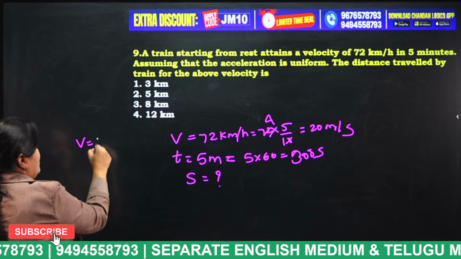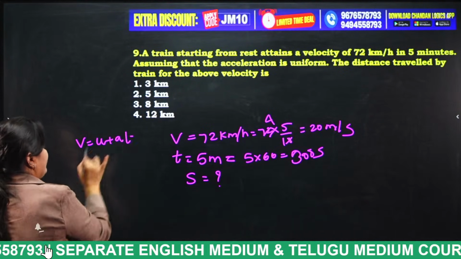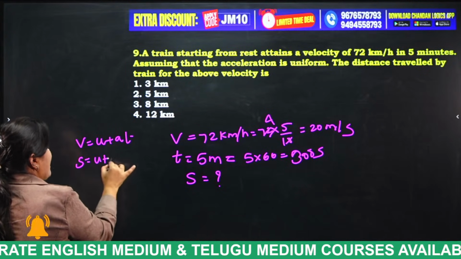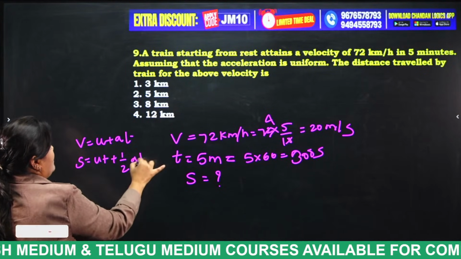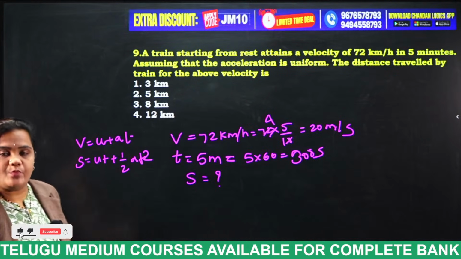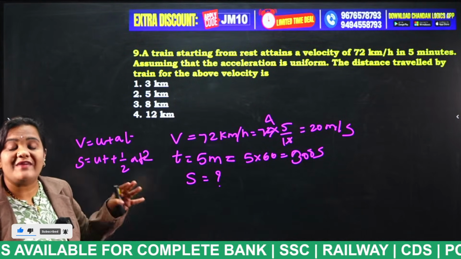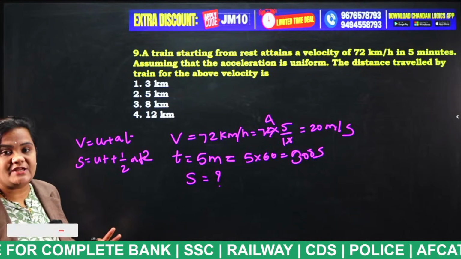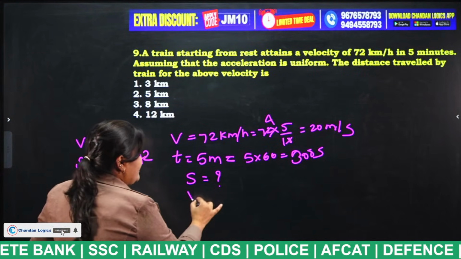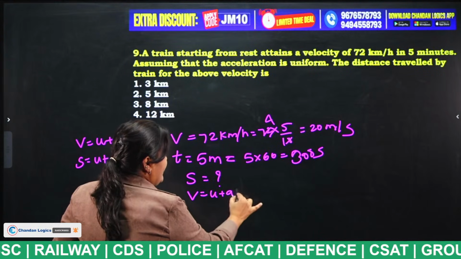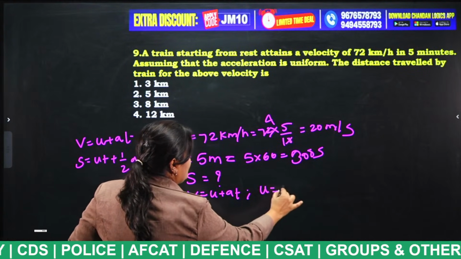V is equal to U plus AT. Okay, fine. S is equal to UT plus half AT square. So, in order to solve these types of problems, these two formulas will be applicable. At first, we have to find the value of acceleration. From V is equal to U plus AT, we already know that U is equal to 0.